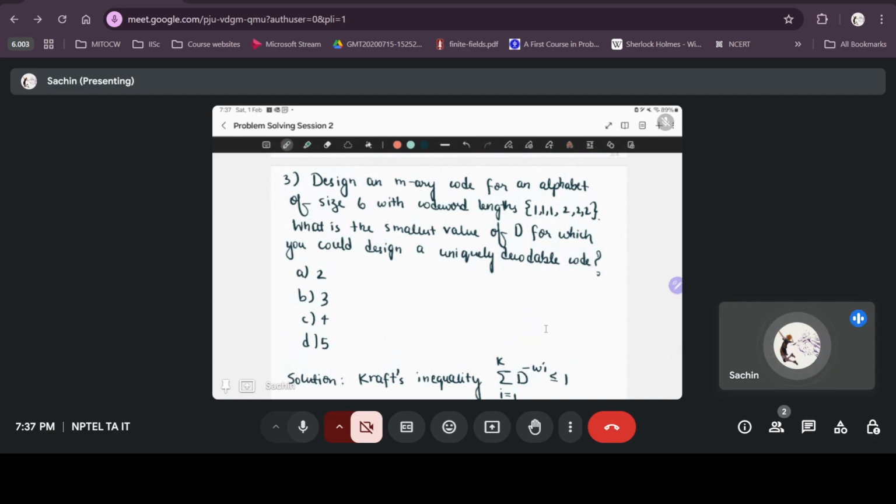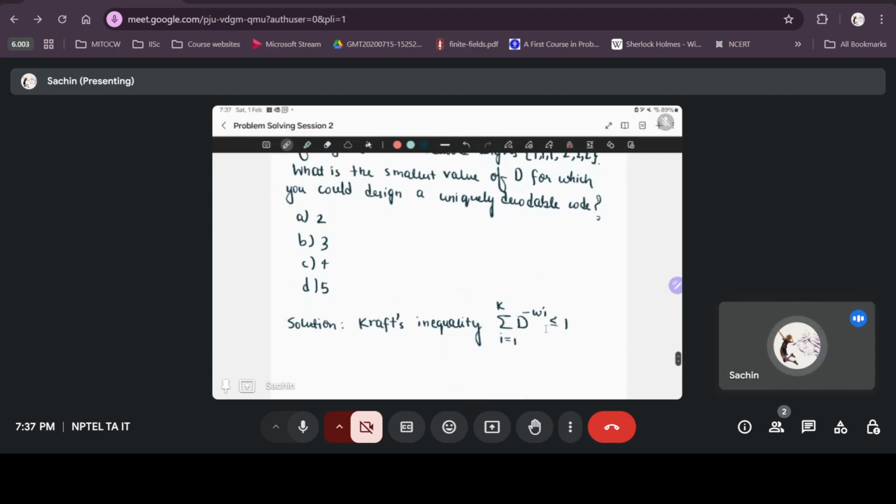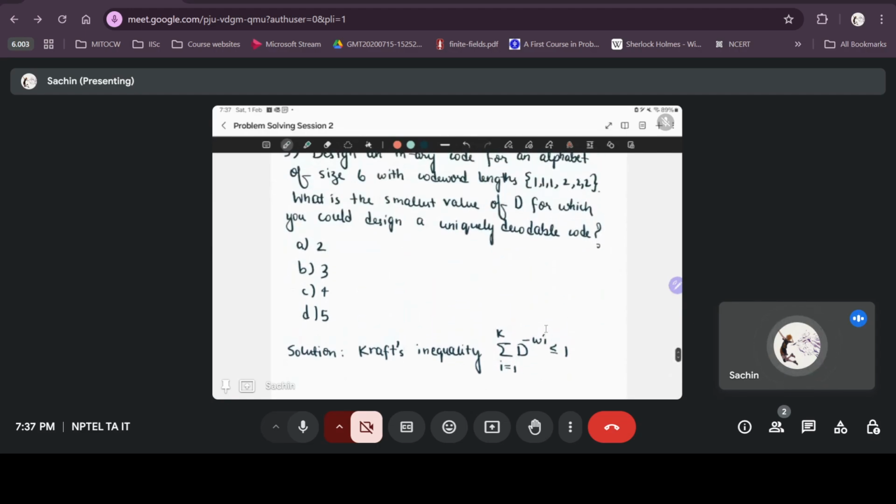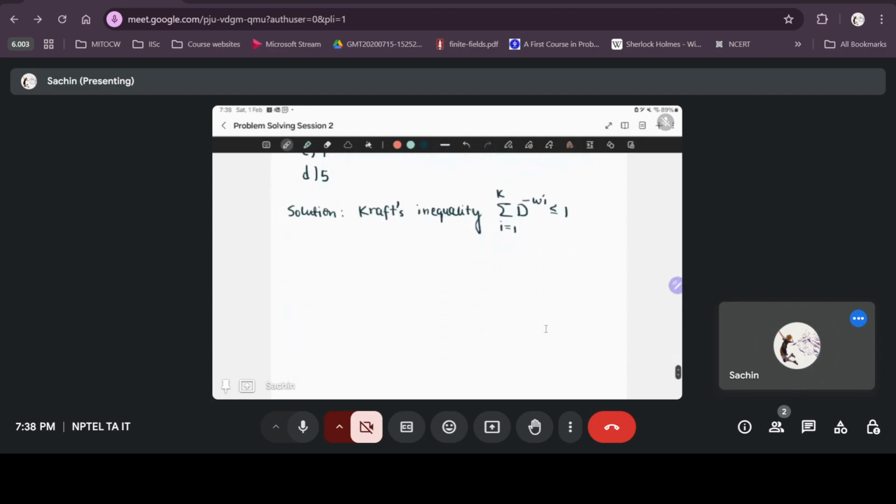So here you can see that there are 6 messages, and the code word lengths are 1, 1, 1, 2, 2, 2.